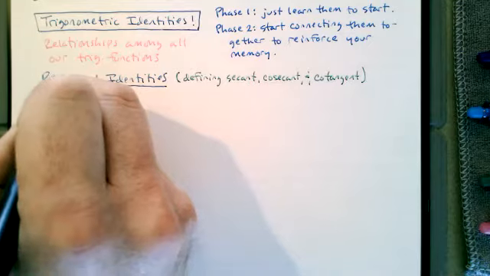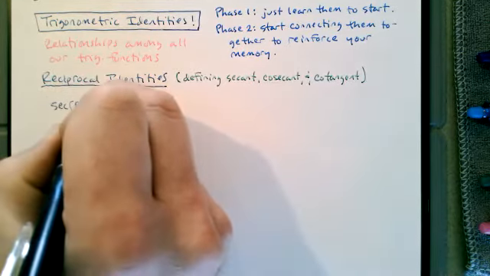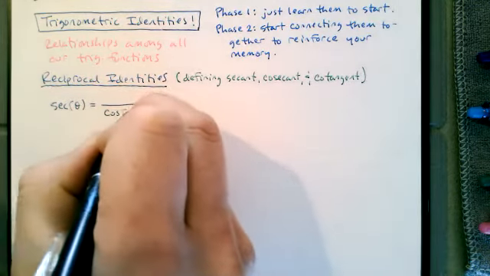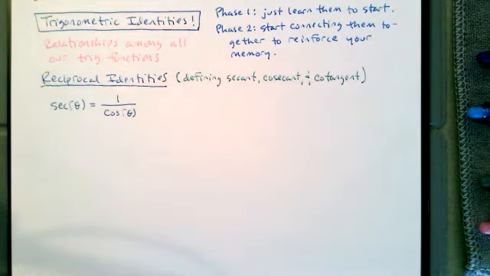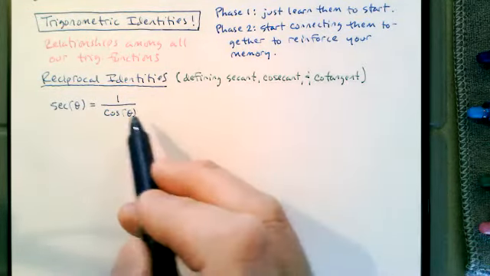So secant, abbreviated secant of theta, is the reciprocal of cosine. This is why we call them reciprocal identities. That's going to help us remember the category. What they're for is going to help us remember what they are.